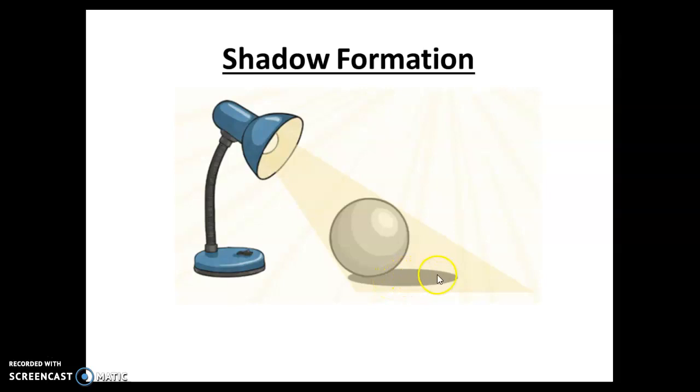So in the space occupied by the shadow, there is no light, and we associate lack of light with darkness, which in turn is associated with the color black. Hence, shadow is perceived as black.